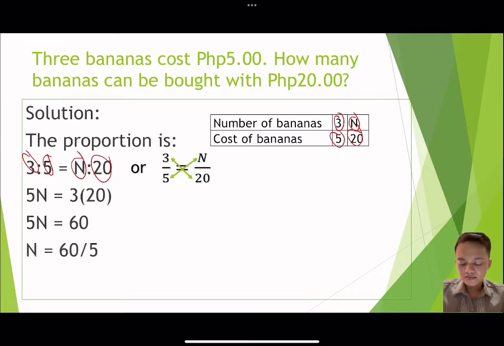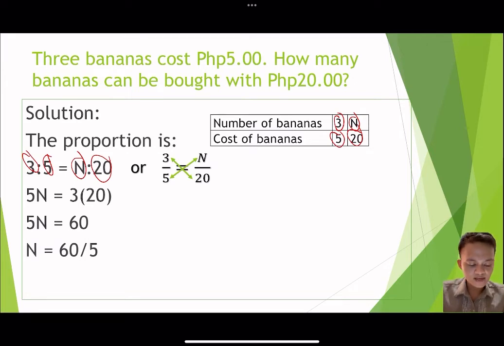And, para matira na lang yung n's sa left side ng equation natin, we have to divide both by 5. So, cancel na ito. N equals 60 divided by 5, which is equal to 12. 60 divided by 5 is 12. Therefore, 12 bananas ang mabibili natin kapag meron tayong 20 pesos.